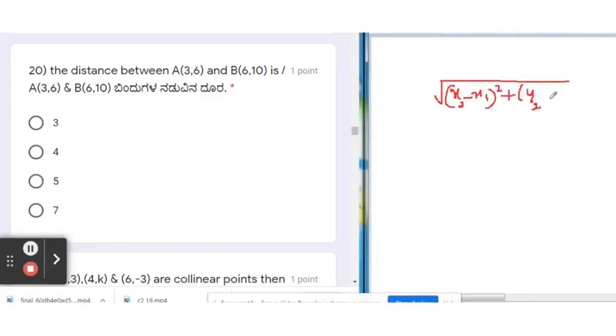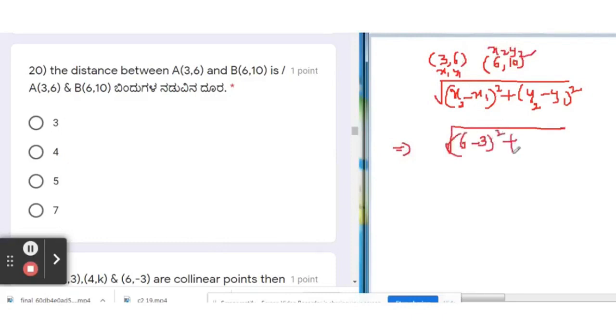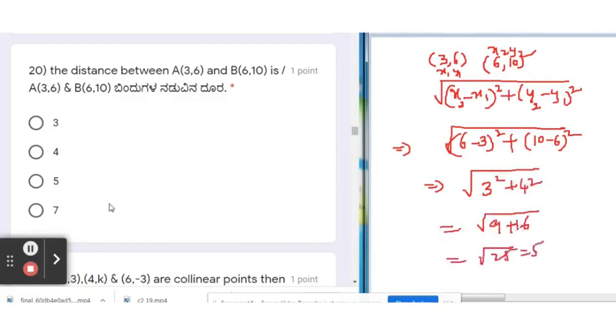So I am assuming the point (3, 6) as x1, y1 and (6, 10) as x2, y2, and we have to replace these points in the formula. x2 here is 6, x1 here is 3, so (6 minus 3) whole square, y2 is 10, y1 is 6, so (10 minus 6) whole square. 6 minus 3 is 3 square, 10 minus 6 is 4 square. So 3 square value is 9, 4 square value is 16, so the square root of 25 is 5. The correct option here is C.